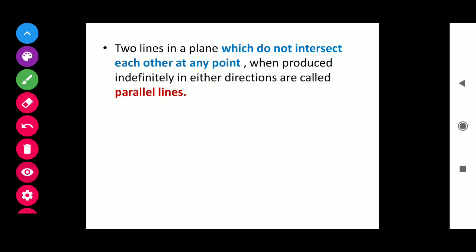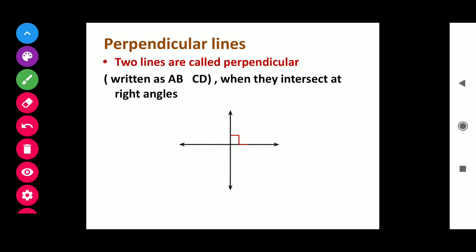Now the next one is perpendicular lines. So what is a perpendicular line? Simple. Both lines are intersecting each other at one common point. But the main thing is that both lines intersect at right angles.